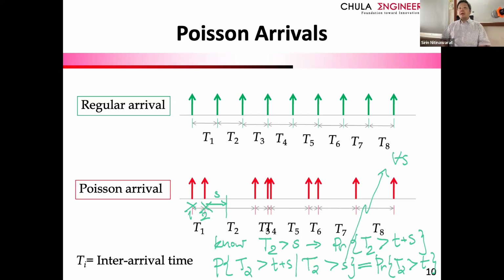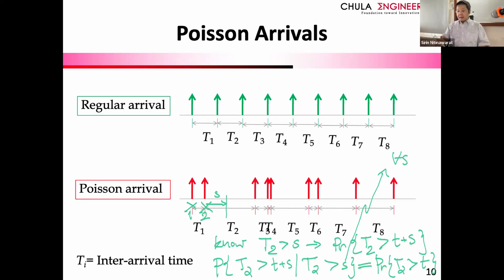Do you recall what this property means from probability and statistics? This property that having waited s seconds doesn't affect the future distribution. Remember, t here is a variable describing the entire distribution in the future, after I waited for s seconds.